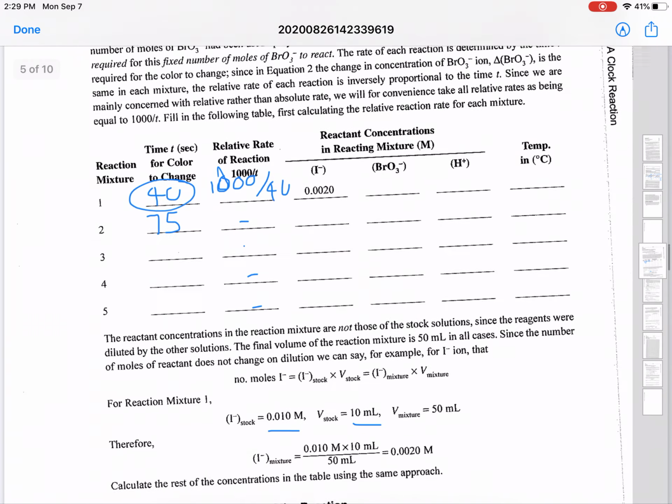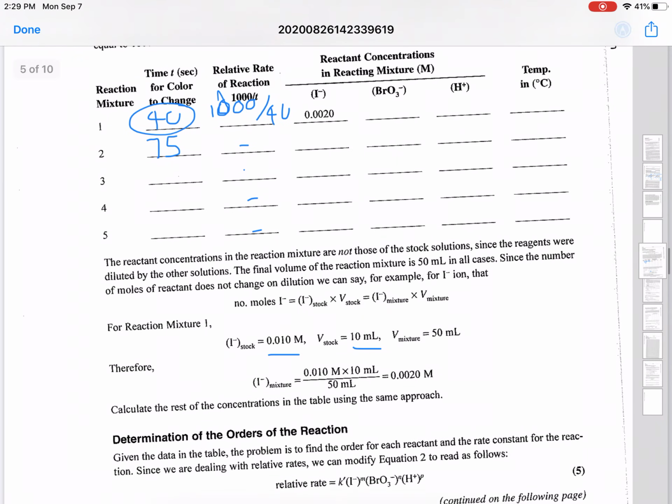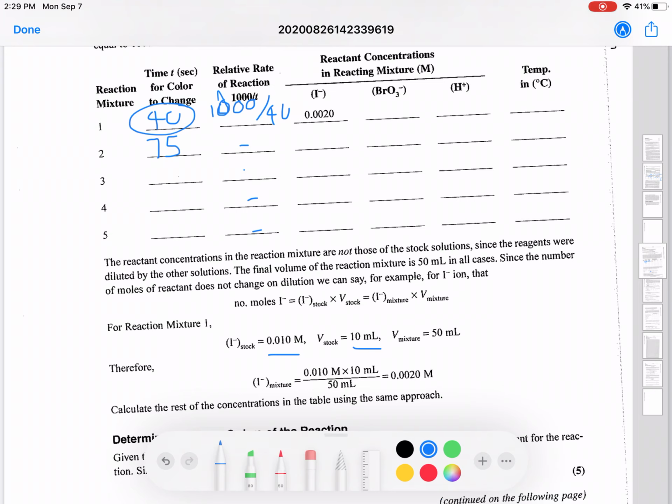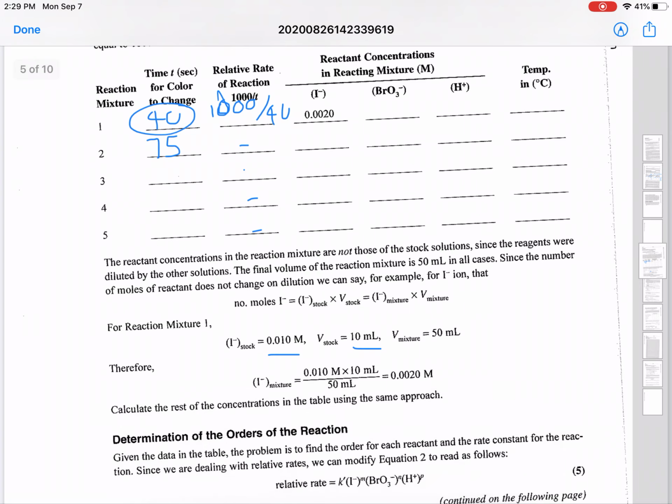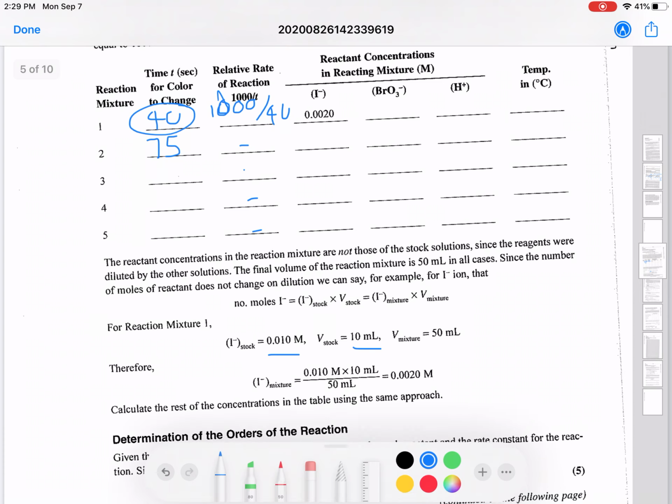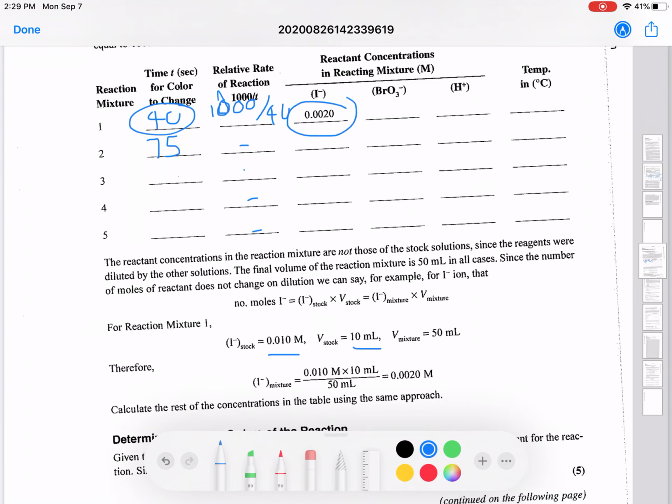You calculate that using this dilution equation. So M1 0.01, V1 10, V2 50. Then M2 we can find out: 0.01 times 10 over 50, 0.002, and that is the number that you're going to write down over here. So the first one is done for you.